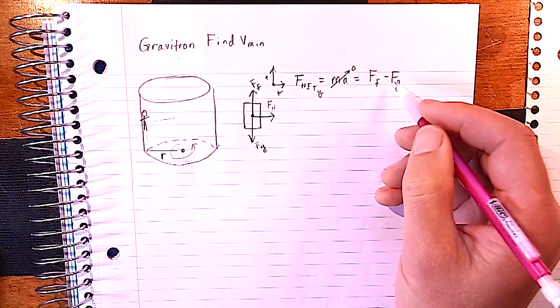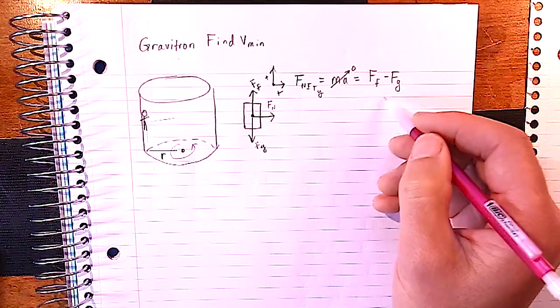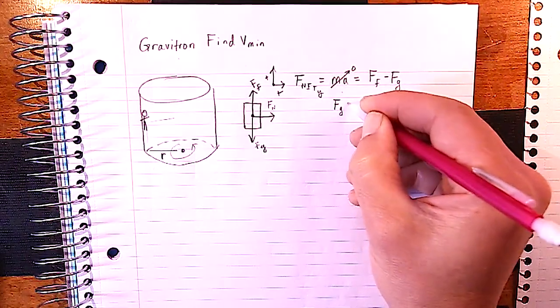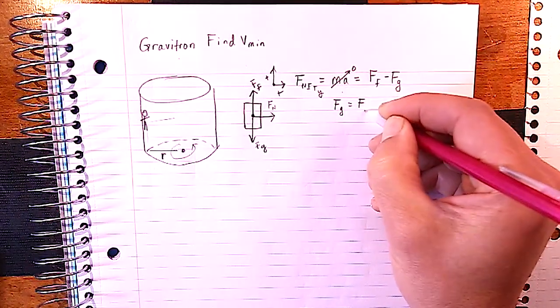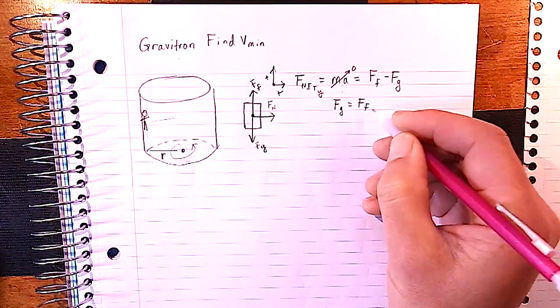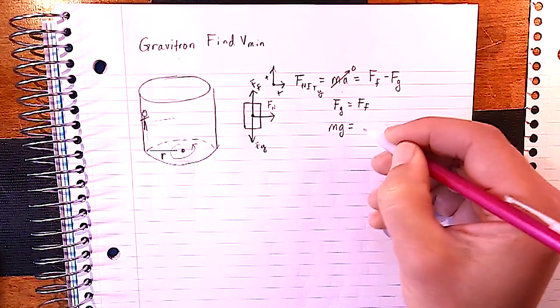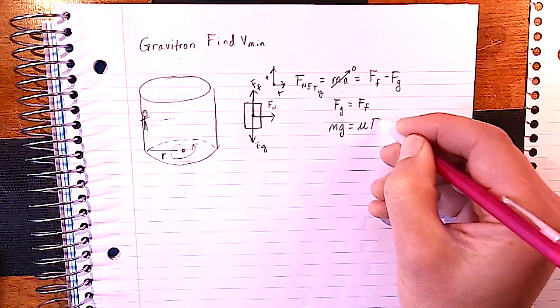I'm going to add this Fg to the other side, so that becomes Fg equals Ff. And we can say Fg is mg and force of friction is mu Fn.